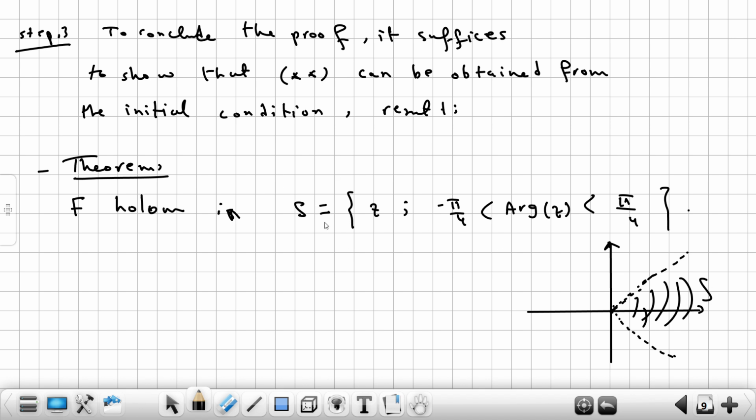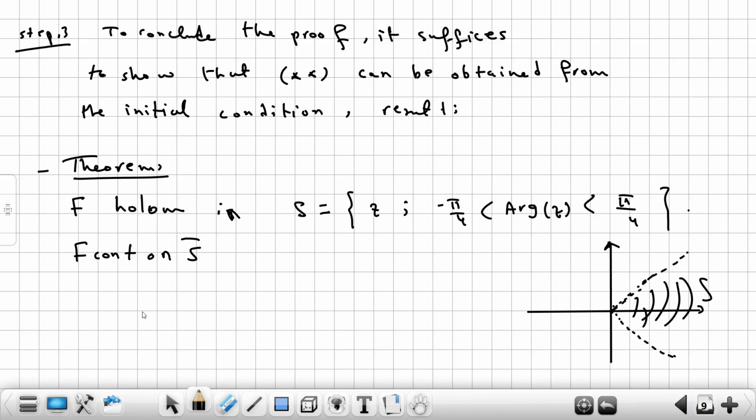Now F is holomorphic in this sector and continuous. Suppose that F is continuous on S bar, the closure of S.